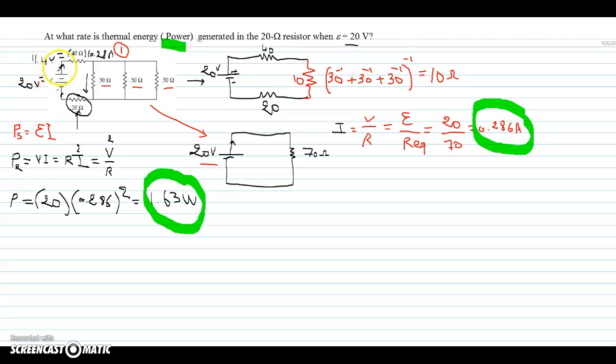The source is trying to raise the voltage from 0 to 20 volts, and there is a drop across the 40 ohms.